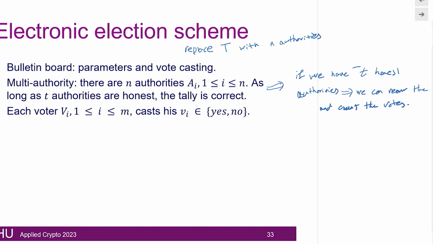But of course, we would have our ways to even identify those dishonest authorities if there are any in our system.